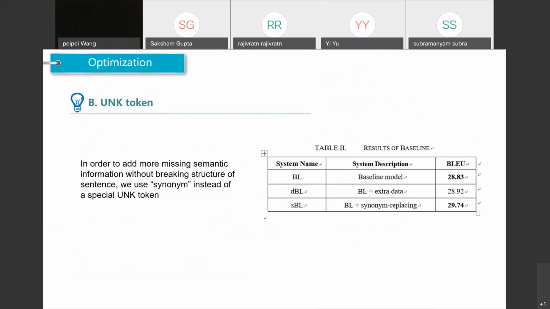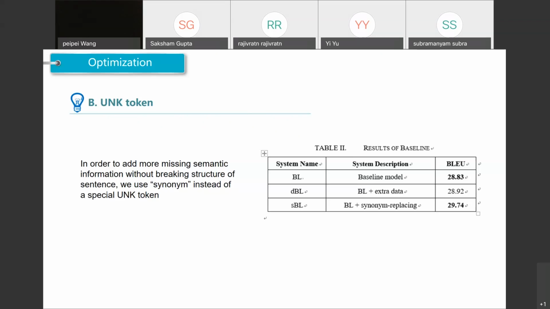Furthermore, in order to add more missing semantic information without breaking the structure of a sentence, we use semantics instead of a special UNK token to replace words that do not appear in the chosen vocabulary during the decoding prediction process.